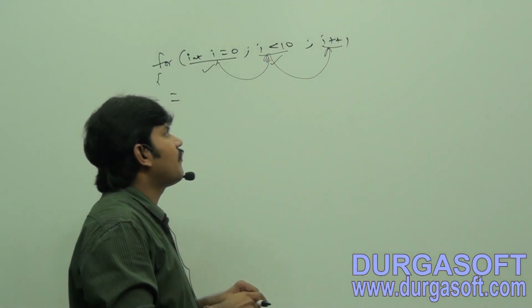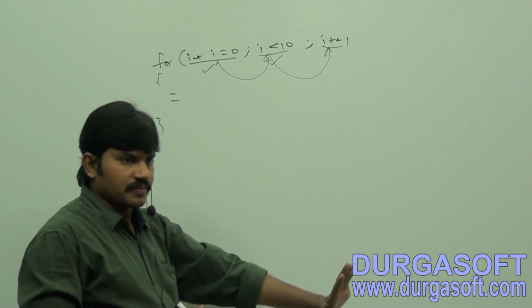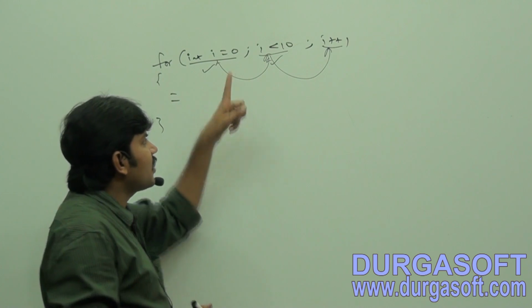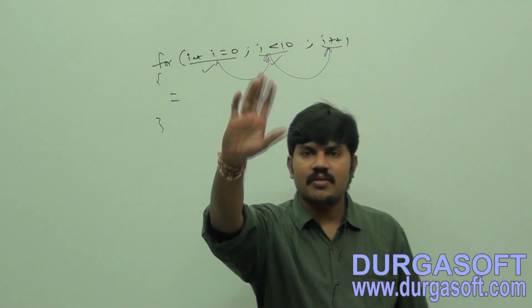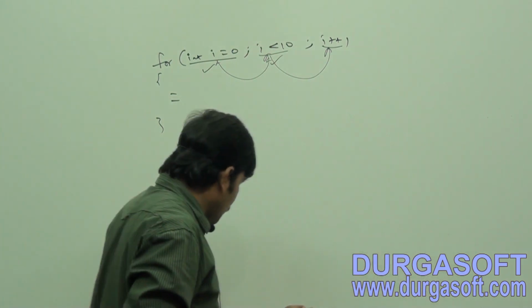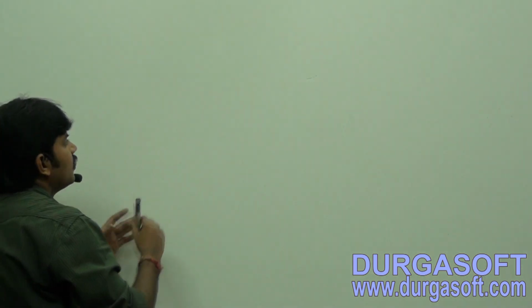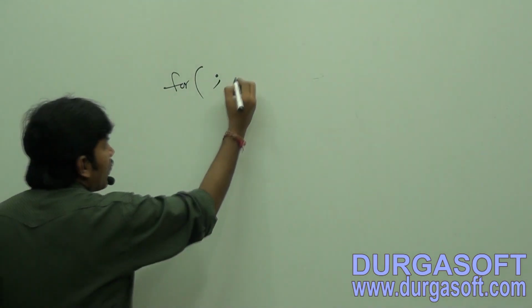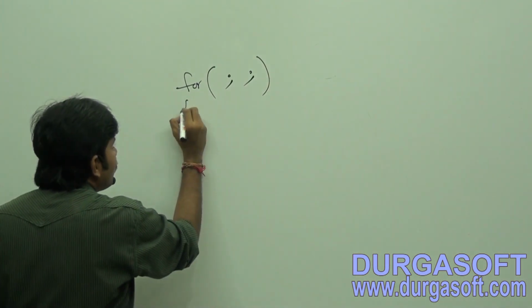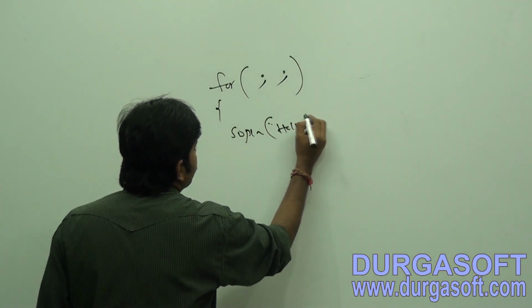All three parts of the for loop are independent of each other. Are you getting? All three parts of the for loop are optional. We are not required to take anything; that itself is valid. If you want, just observe this one. Sir, I am taking for;; and then System.out.println of hello, like this.